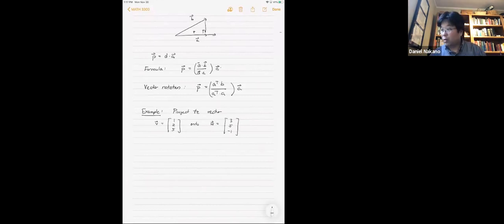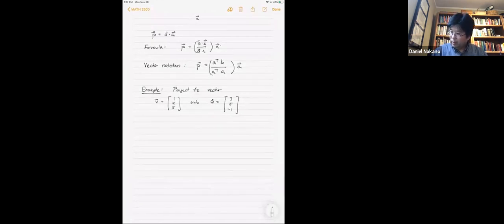Okay, so let's just apply the formula. We want to project on the vector W, right? So this is W transpose V over W transpose W times W.